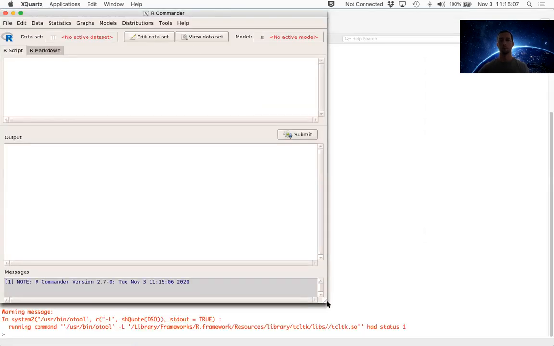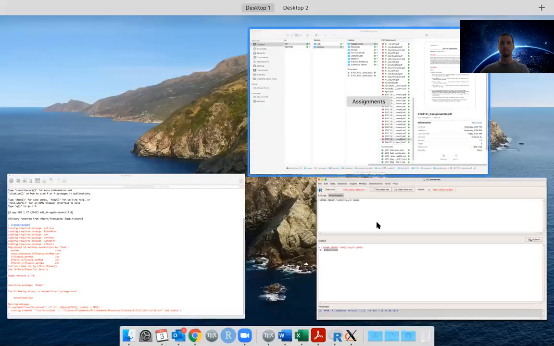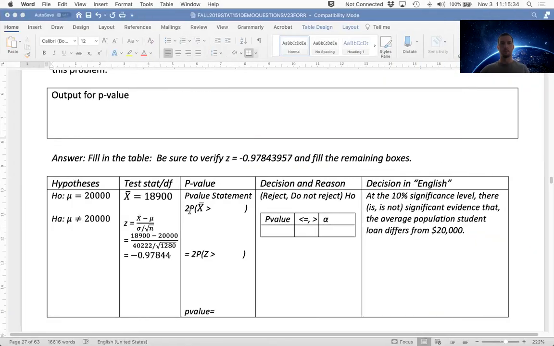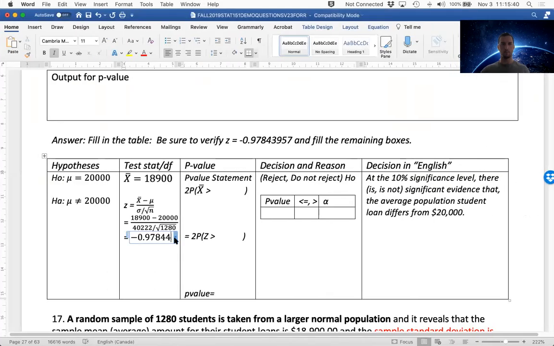Right up here, in the script, we could type 18900 minus 20,000 divided by 40222 divided by the square root of 1280. And then we can submit this, and there's the value given on the slide. So we can take this value and we'll just stick it in.